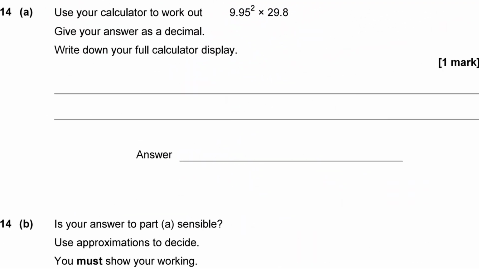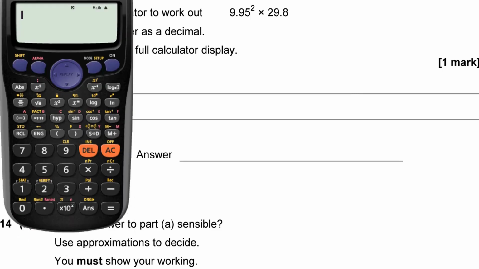Question 14a. Use your calculator to work out 9.95 squared times 29.8. Okay. So we've managed to gain quite a few marks already in this paper just by being able to type nicely into my calculator.